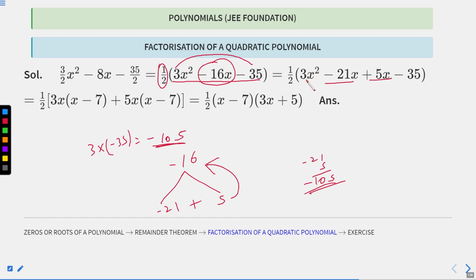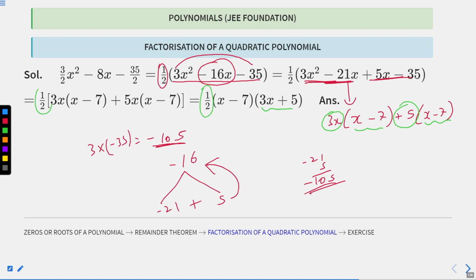Now taking 3x common out of this, you will get x minus 7, and from here you will take 5 common, so x minus 7. Now taking this x minus 7 common, you will get 3x plus 5, and the 1 by 2 was already here the whole time.